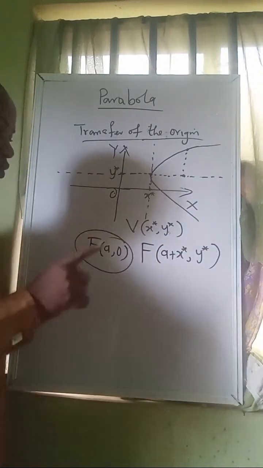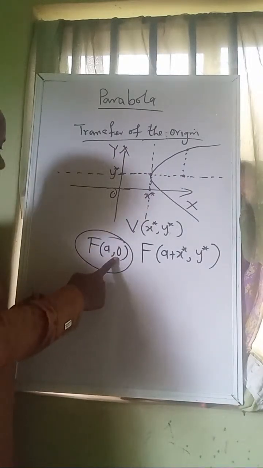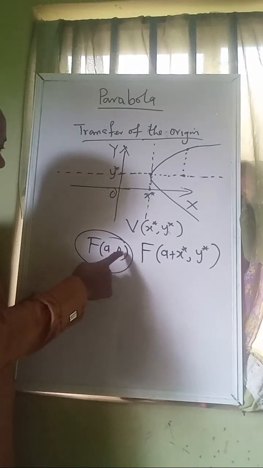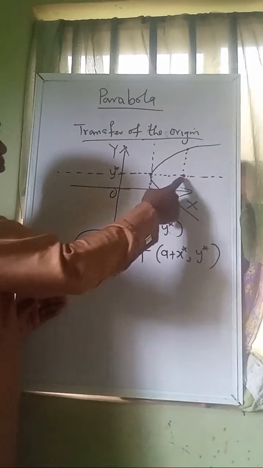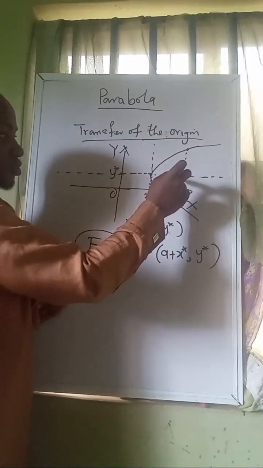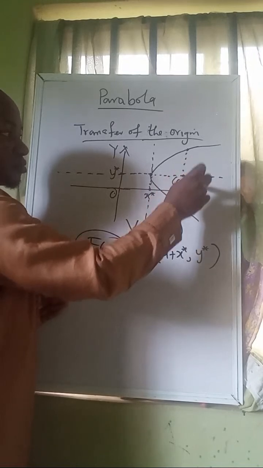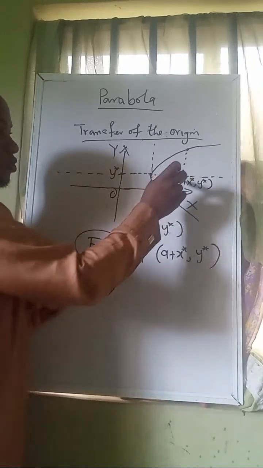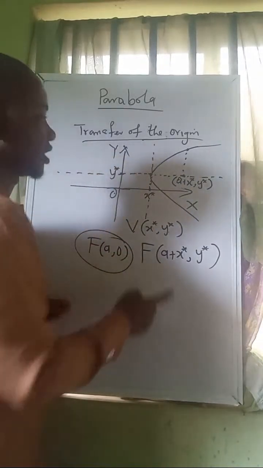You recall before that this point here is 0, so the new Y star will be added here, because the point here was the origin. So this is now the focus.